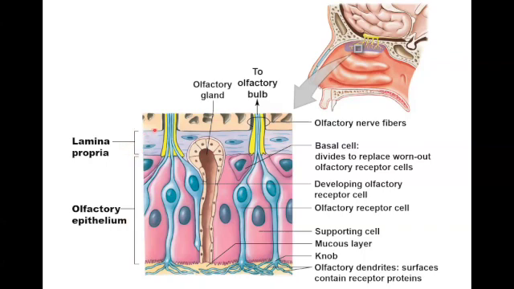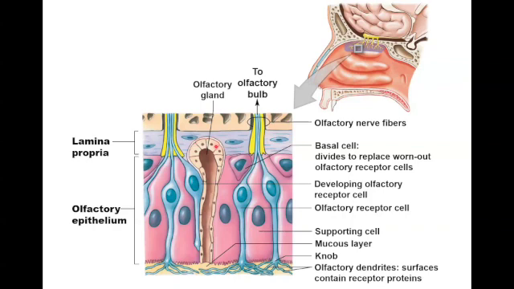Now the lamina propria is going to be comprised of connective tissue and also blood vessels. We might also find some nerve endings, but also pretty importantly, we're going to find these glands that are embedded within the lamina propria.